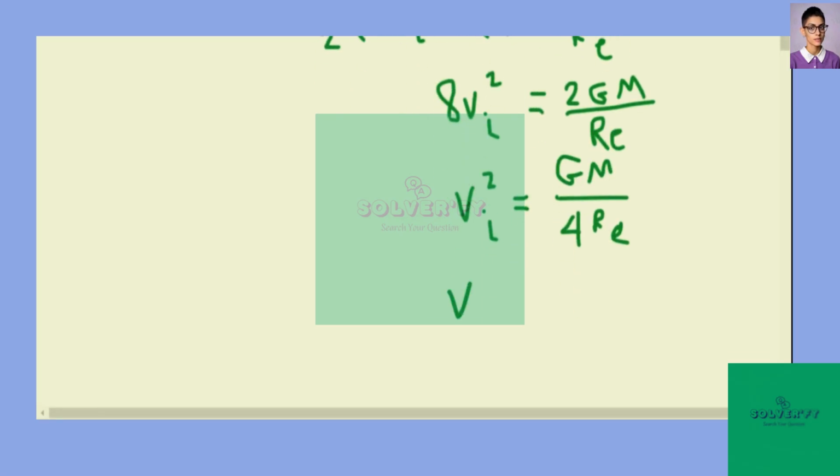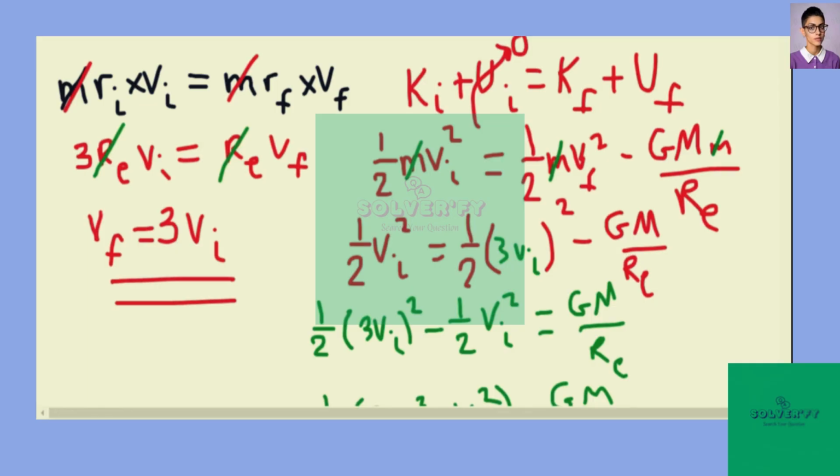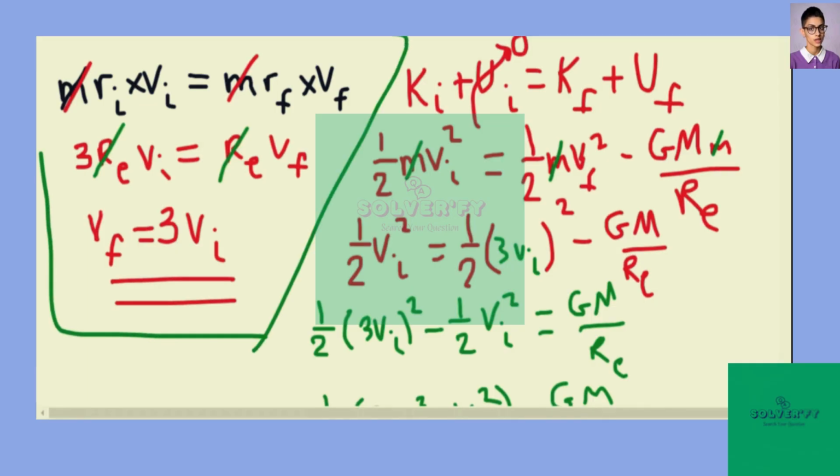And finally, Vi is the square root of Gm over 4R sub E. So the keys to this one are using conservation of angular momentum and realizing that the final is going to barely pass the surface of the Earth.